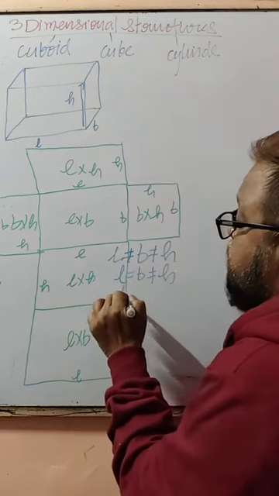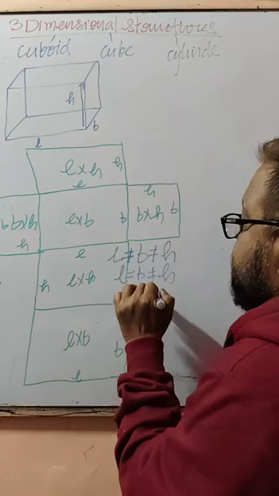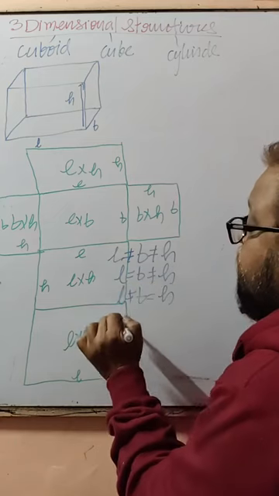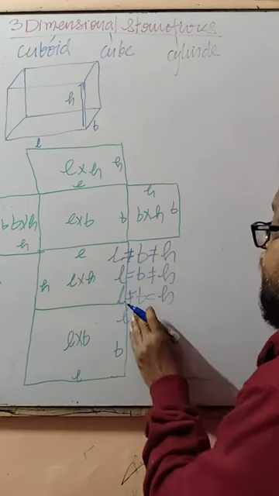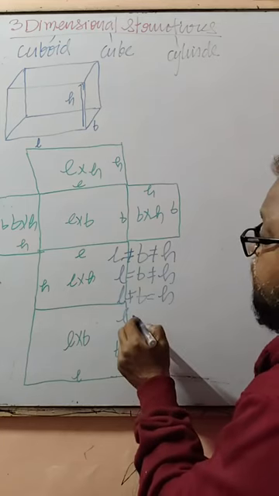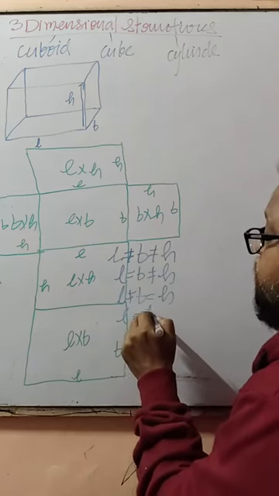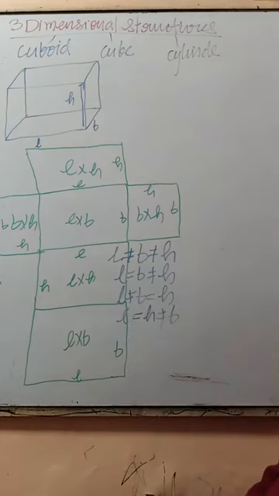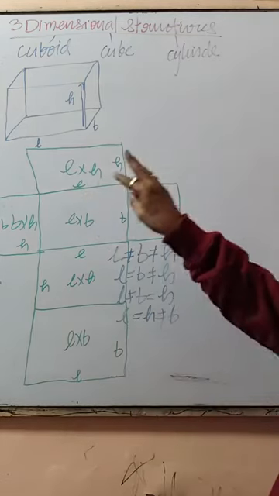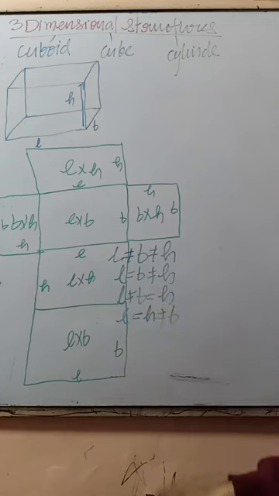If length is not equal to breadth, can it equal height? Length can be equal to height, but not equal to breadth. But all sides are not equal. These are the conditions. So this is called cuboid, right?